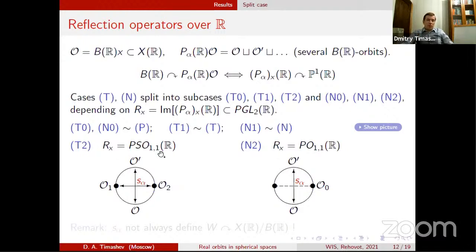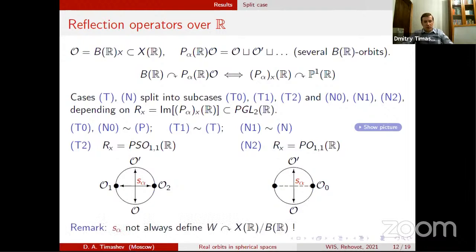And for closed orbits in the T2 case, the definition is still the same as Knop's one over complex numbers. So we have defined the action of each simple reflection on the set of real Borel orbits in the real locus of my spherical homogeneous space.